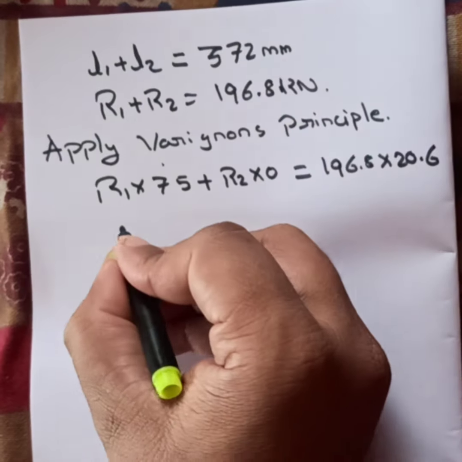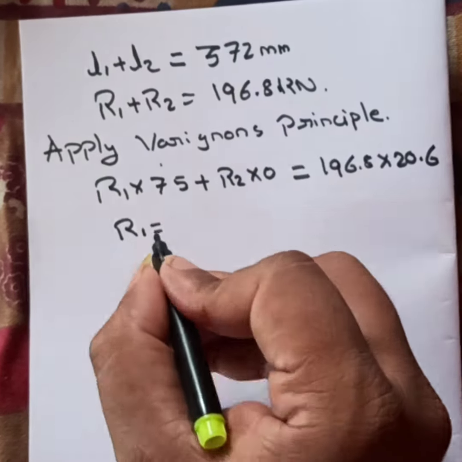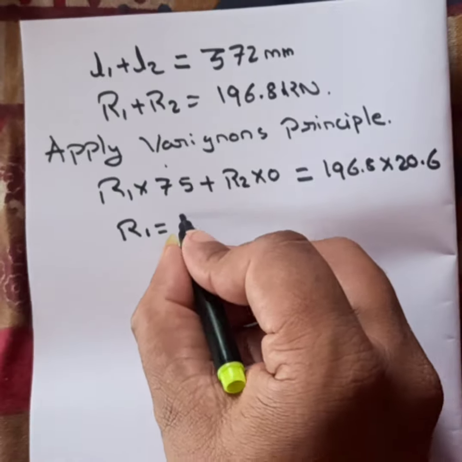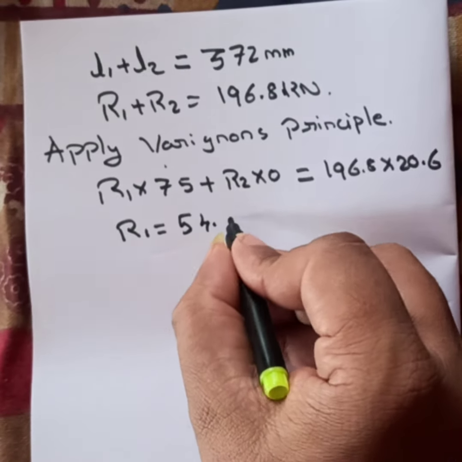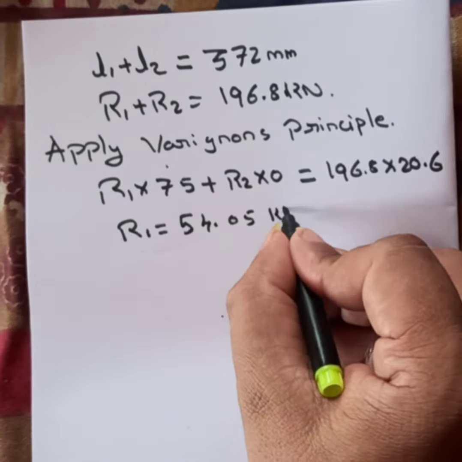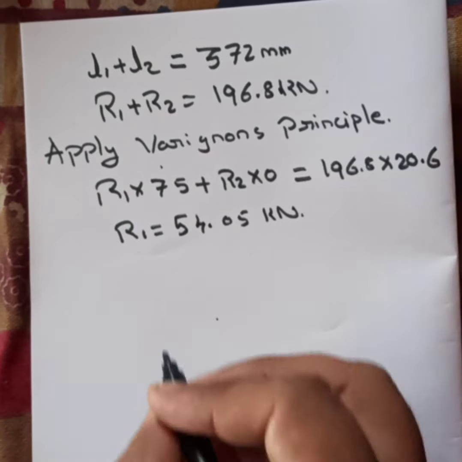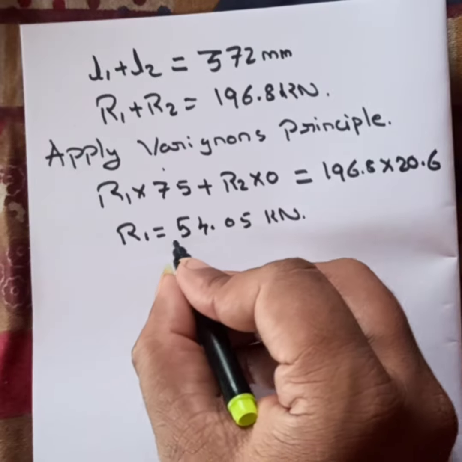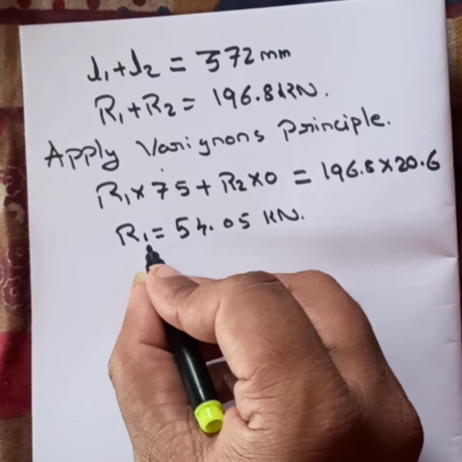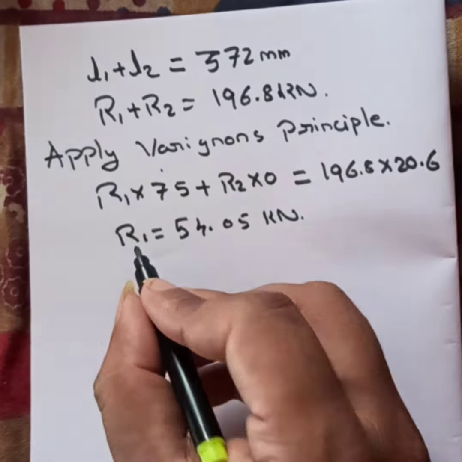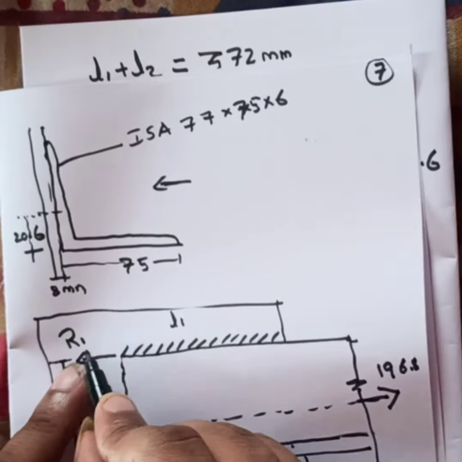Solving this, I will get R1, which comes around 54.05 kilonewton. This is the strength of the weld R1.